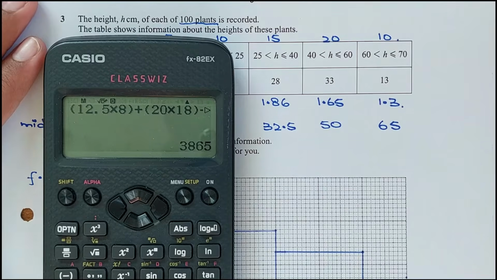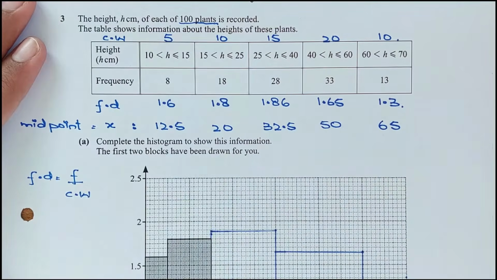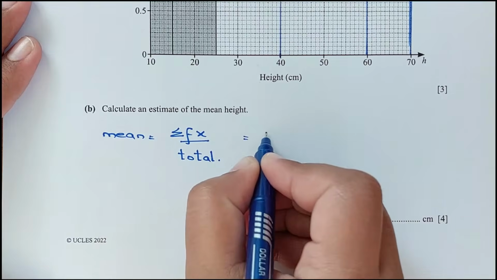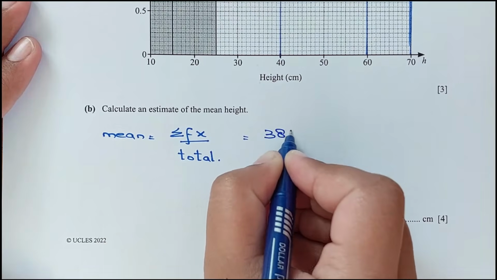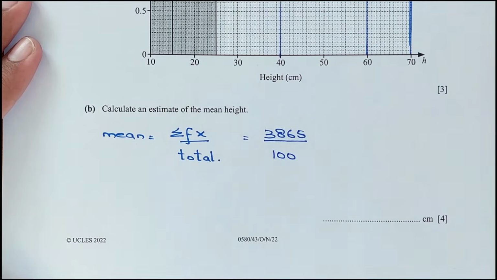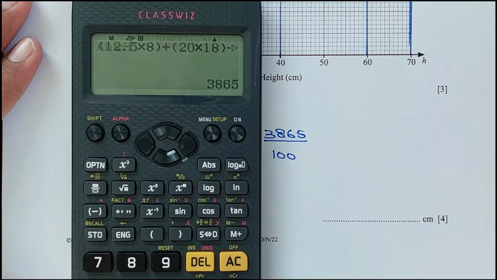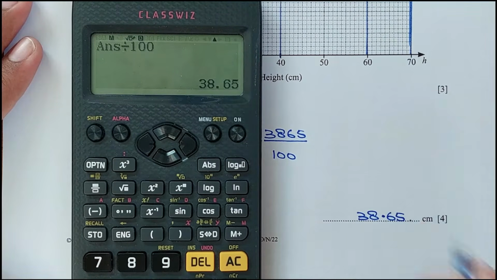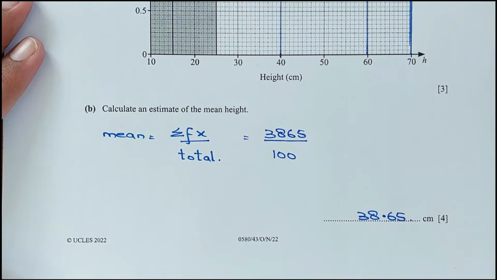This is 3,865 and the total is 100, right? So this is 3,865 over 100. This would be 38.65 centimeters, the mean height.